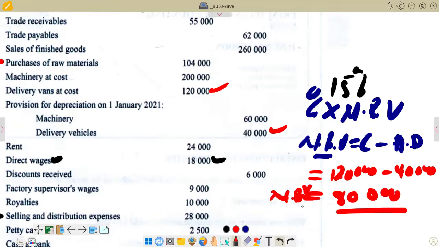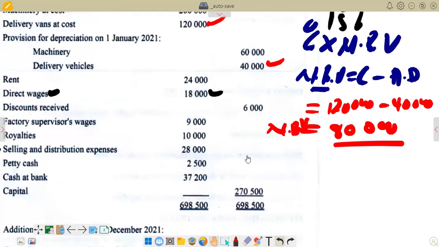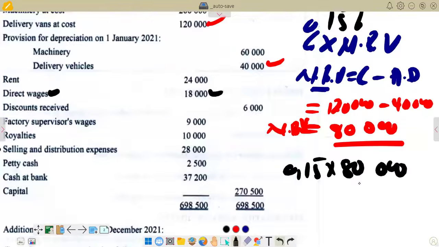So to get now the depreciation, we are saying percentage of net book value, where our percentage is 15%. So 15% as a decimal is 0.15. So you're going to say 0.15 times the net book value, which is 80,000. Calculate it as such, so that we're going to get your 12,000. So this is what we have for our delivery vans.